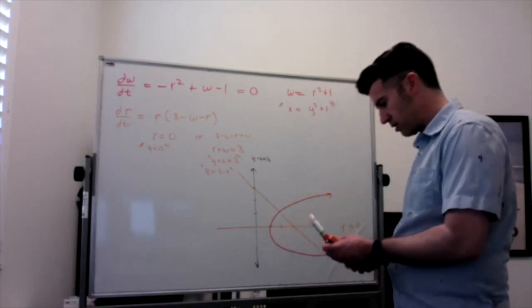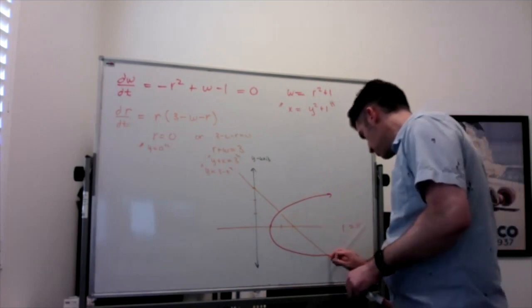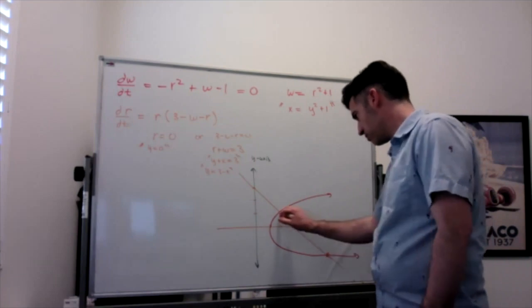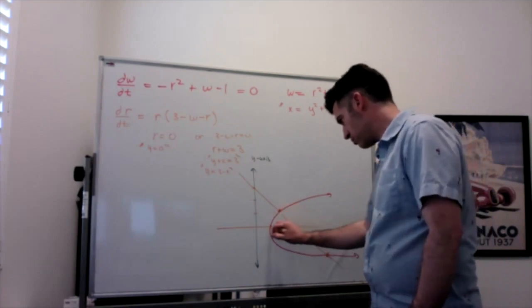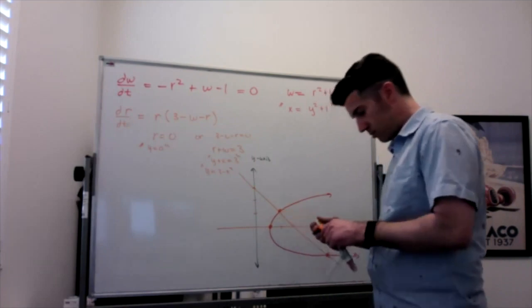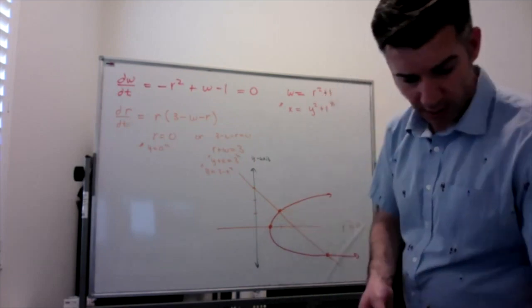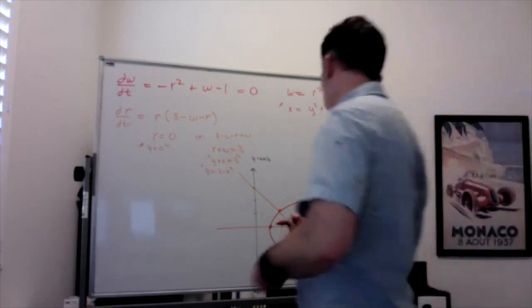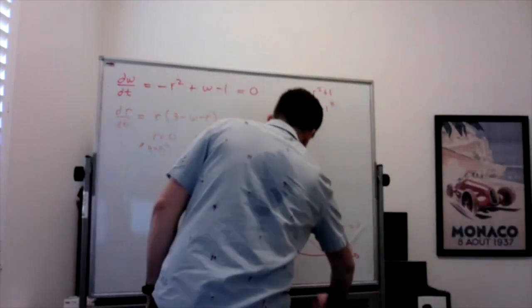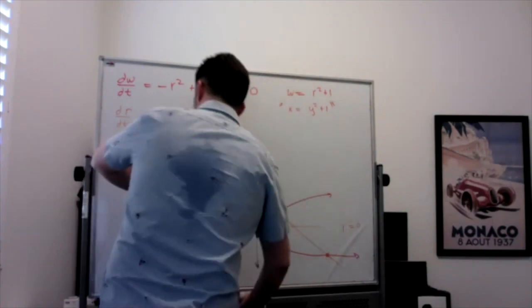Okay. So we've got a couple equilibria. Three to be exact, it looks like. So there's definitely an equilibrium at the point 1, 0. I don't want to write those in though. Let's just continue.